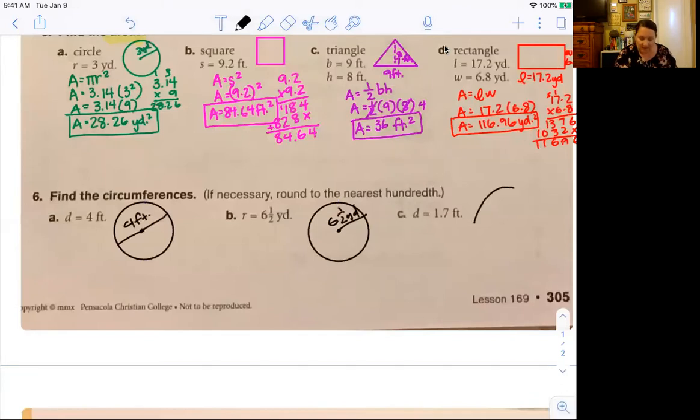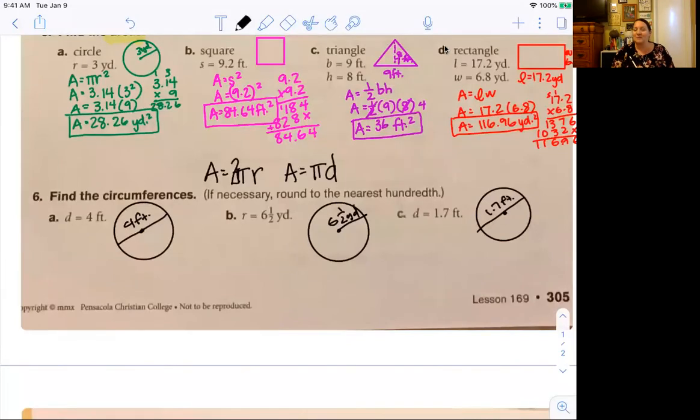And this circle has a diameter of 1.7 feet. Now, when we're finding circumference, there are two formulas we can use: circumference equals 2 times pi times radius, or circumference equals pi times diameter.